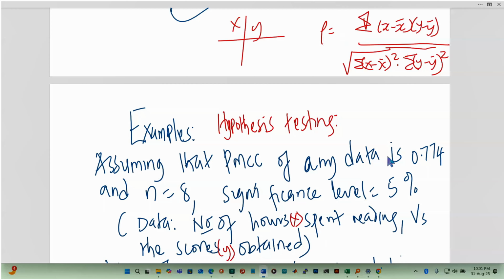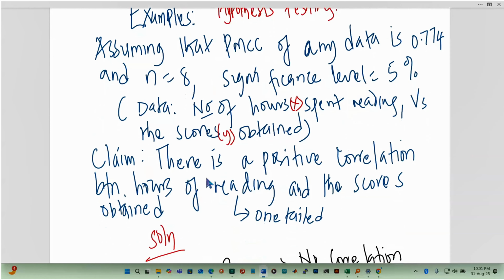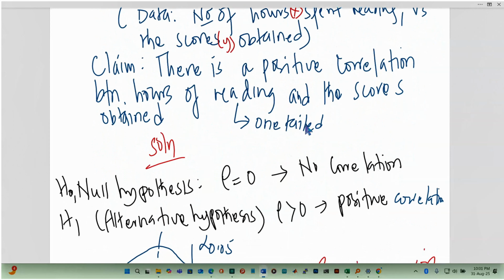So the moment you get it, then you consider the n, which is the number of observations of the sample, the significance level, and then you look at the claim. So the claim here is a positive correlation coefficient, meaning this value has to be greater than 0. So it is a one-tailed test.